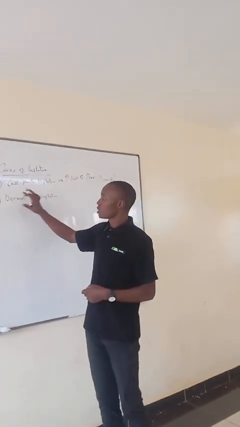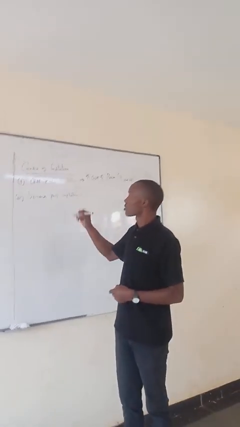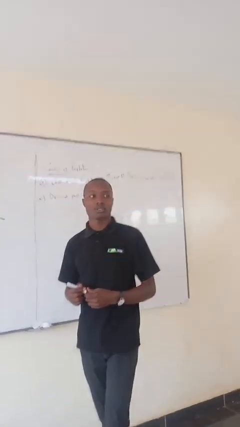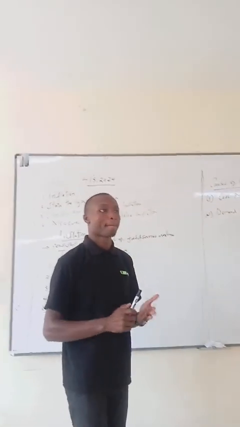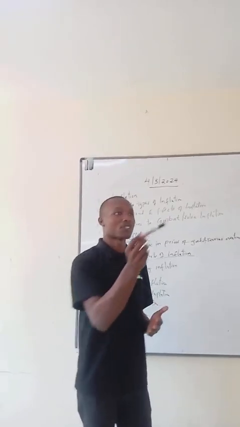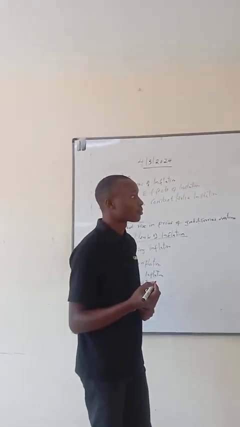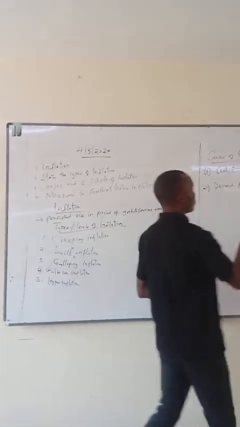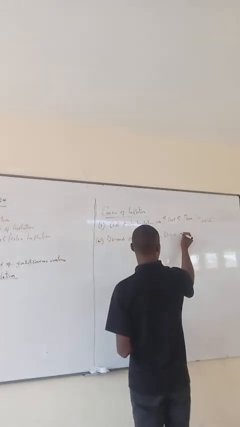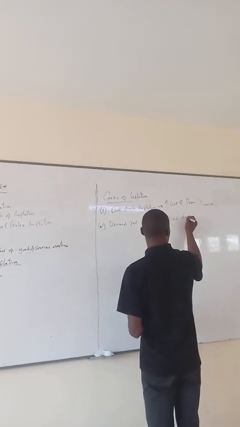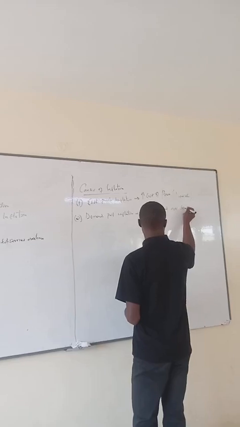Now, when you come to demand pull inflation, who can tell us what demand pull inflation is? Demand pull inflation arises when there's high demand of goods and services with low supply. In this case, we have excess demand over supply.